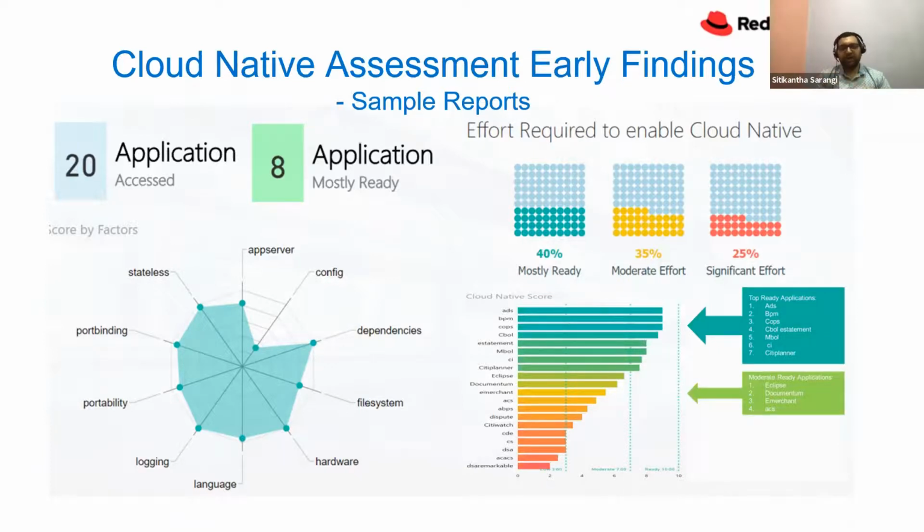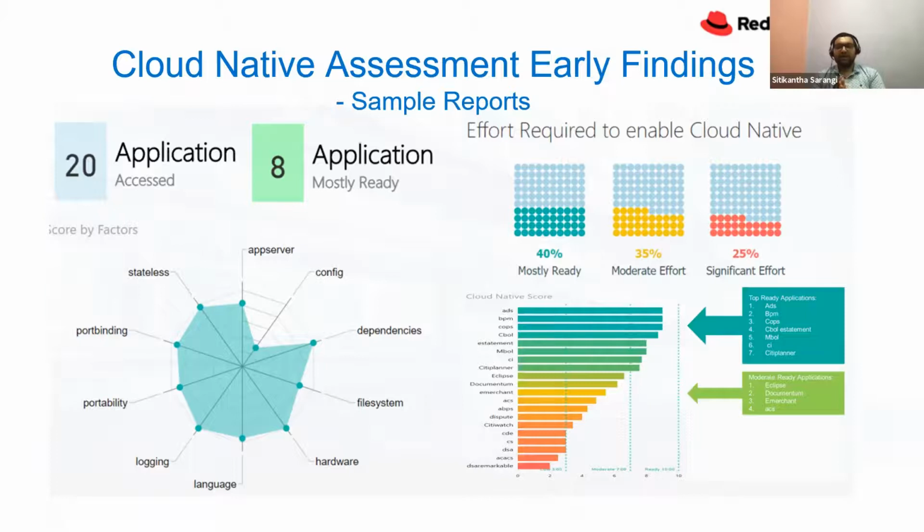So when we usually start with the big organizations, we identify some of the applications, then we use RHAMT and other tools to run these applications and to generate and analyze these reports, to see how ready the application is to be migrated to OpenShift, then how much change is required at the code level, at the configuration level, or at the engineering level, or re-architecting the application, or whether it is totally possible or not, or whether we can do it in another way, right?